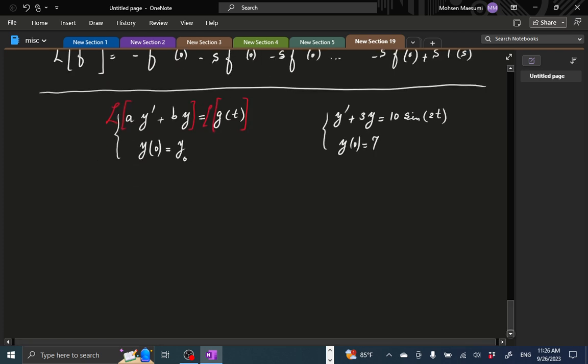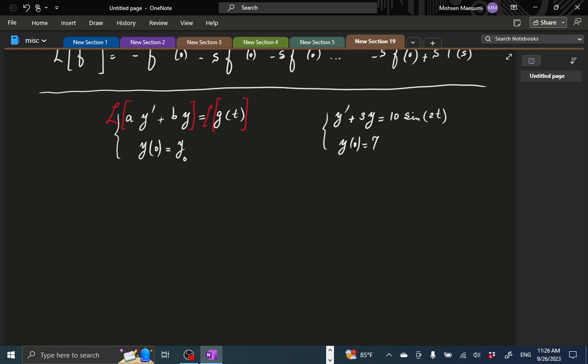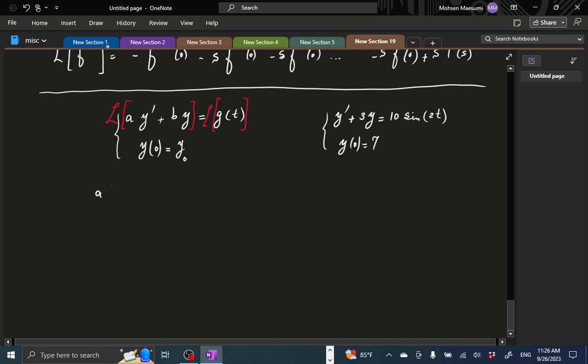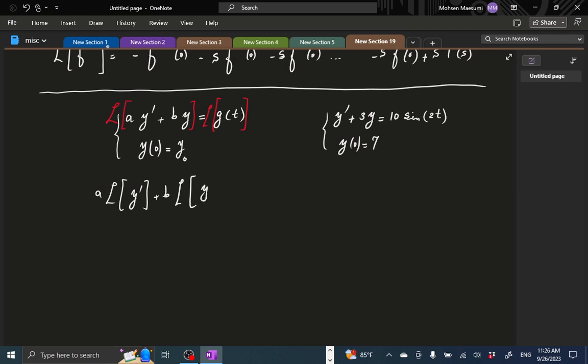So let's see. First we apply the linearity. What rescues us is that a and b are just numbers. They're not functions, so we don't have to worry about them. So we write it as a times Laplace transform of y prime plus b times Laplace transform of y.